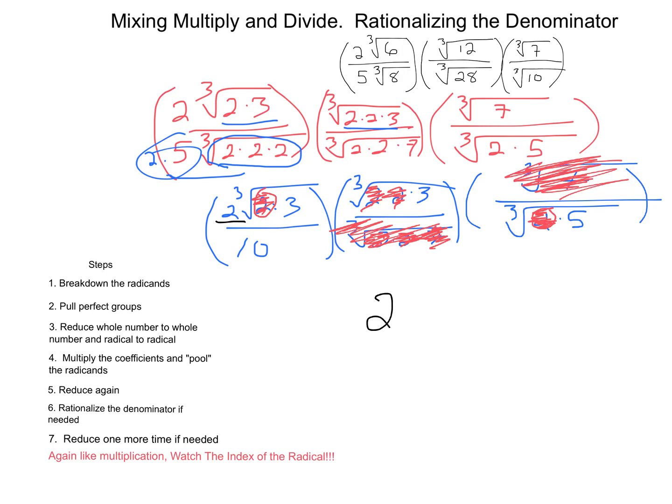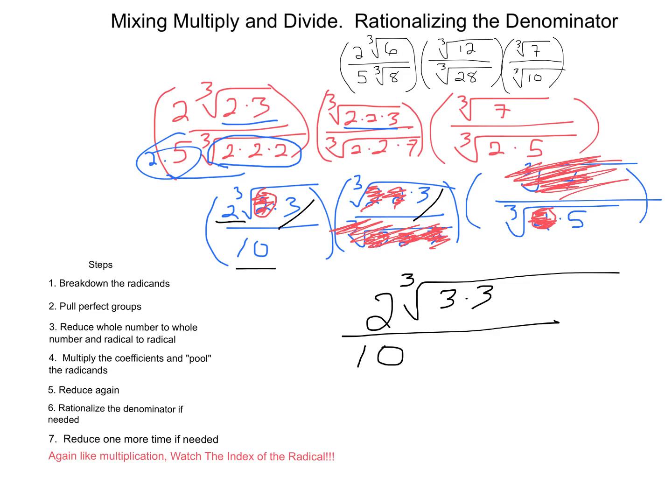So 2 cube root. Now, rad 3 and rad 3 I'm going to pool as rad 3 times 3 over. Now here I got 10 cube root 5. Okay.